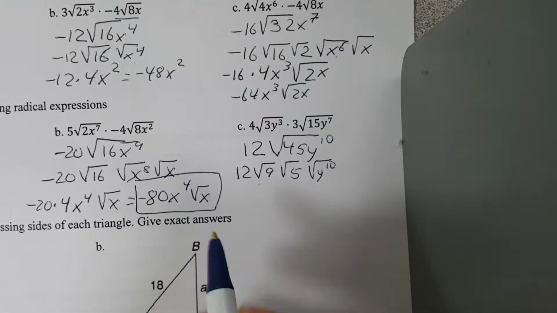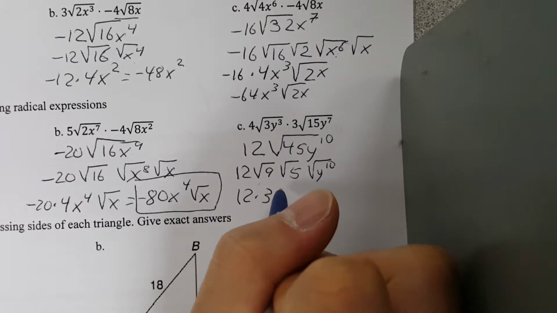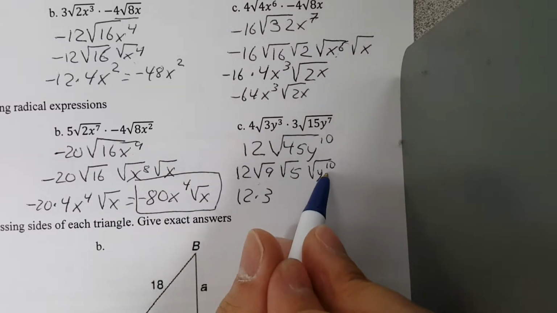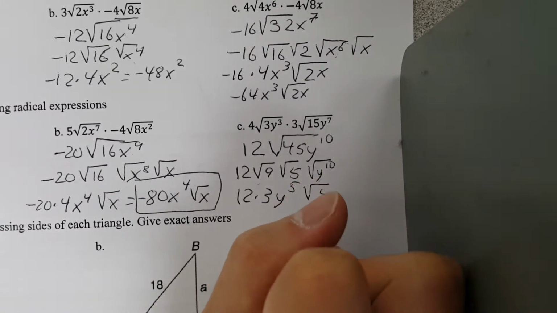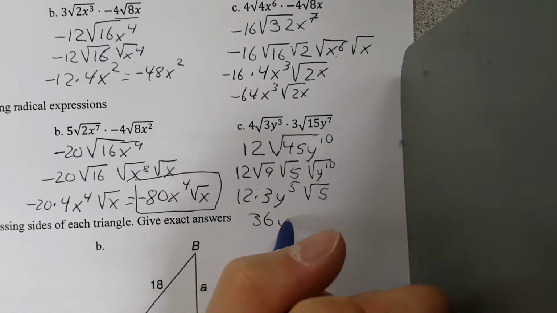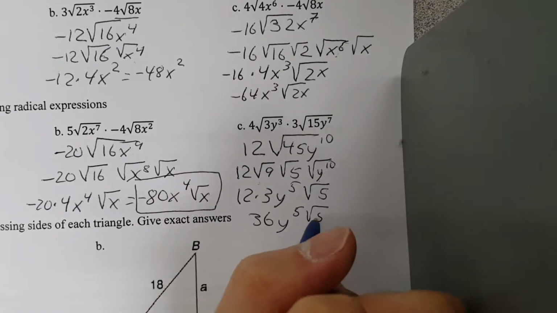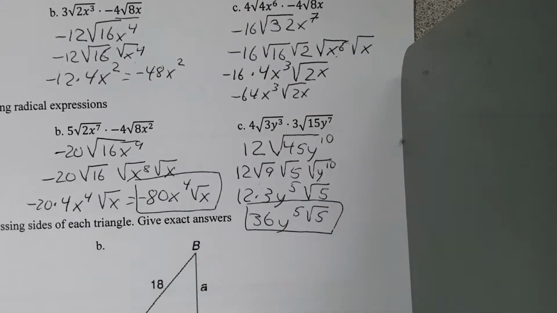Radical 9 is 3, so this is 12 times 3. And then radical of y to the 10th is y to the 5th. And I'm left with radical 5. And so now this is going to be 36 y to the 5th, radical 5.